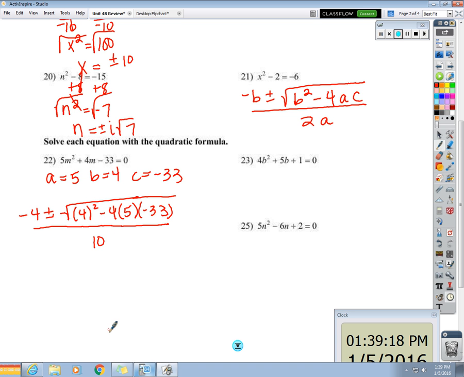Okay, now, what did I tell y'all you should do next in the simplifying process? Just the part under the radical. So just type in 4 squared minus 4 times 5 times negative 33. Don't type in the actual square root, just type in everything under it.